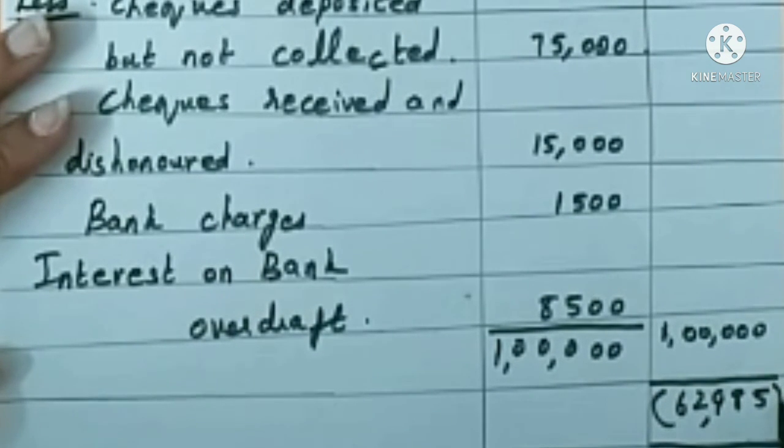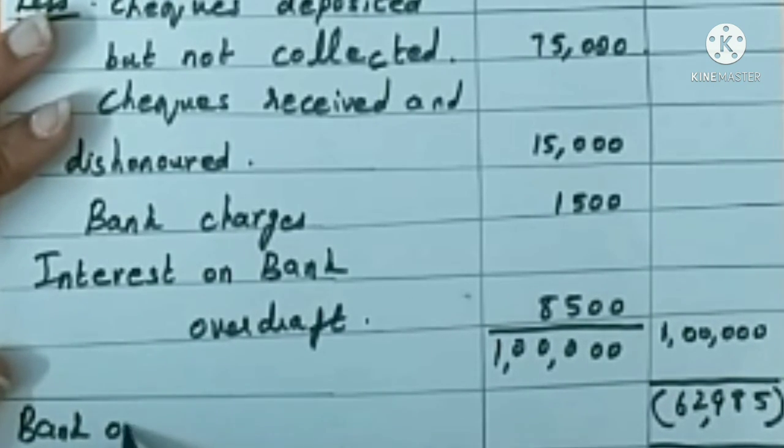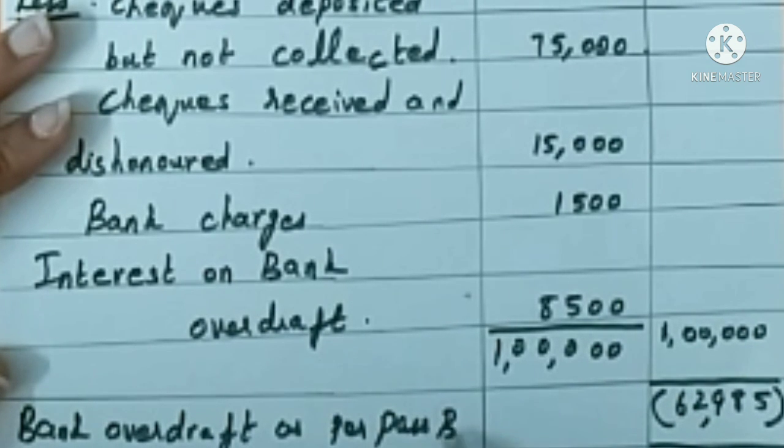This unfavorable balance has to be shown in brackets, and this is called bank overdraft as per passbook. We started from bank overdraft as per cash book. Now we are ending in bank overdraft as per passbook, 62,985.